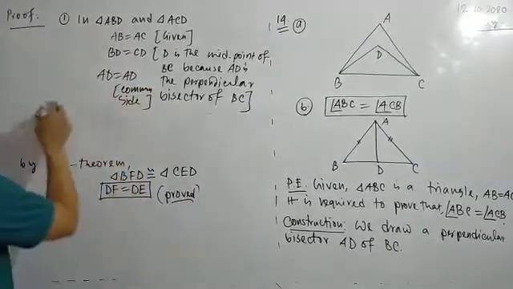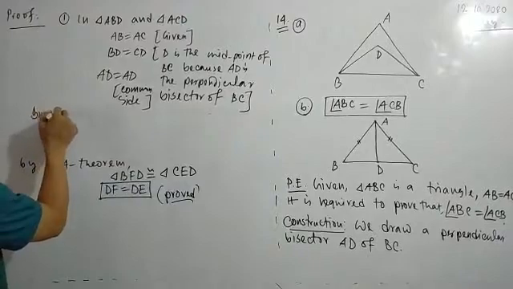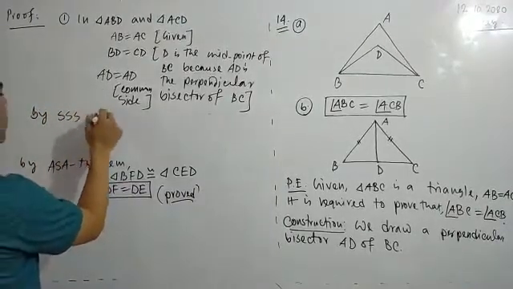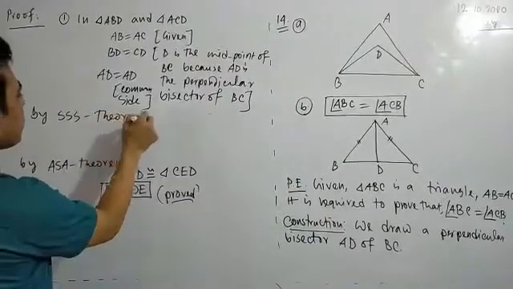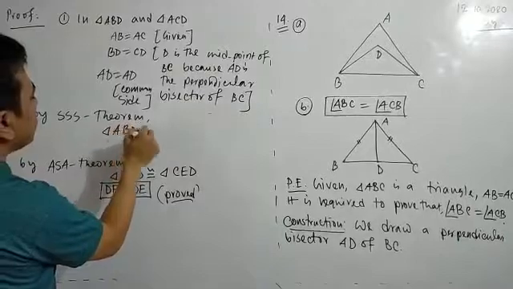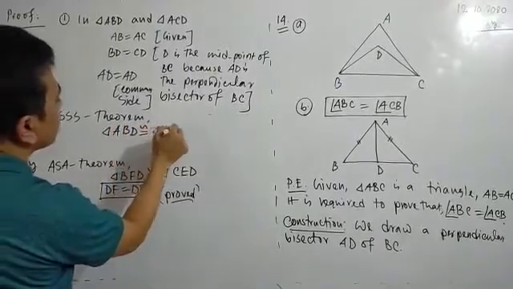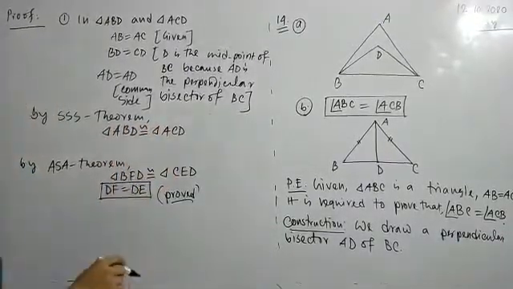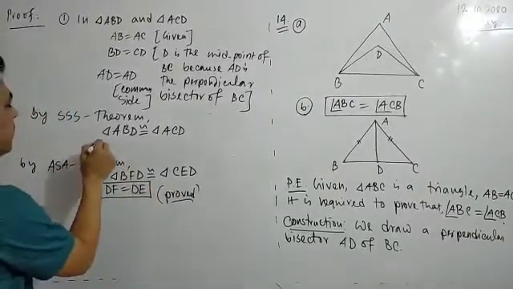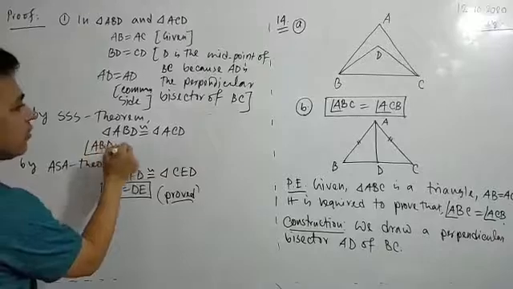Okay, so by the SSS theorem, ABD is congruent with ACD. If this is congruent, we can write angle ABD is equal to angle ACD.